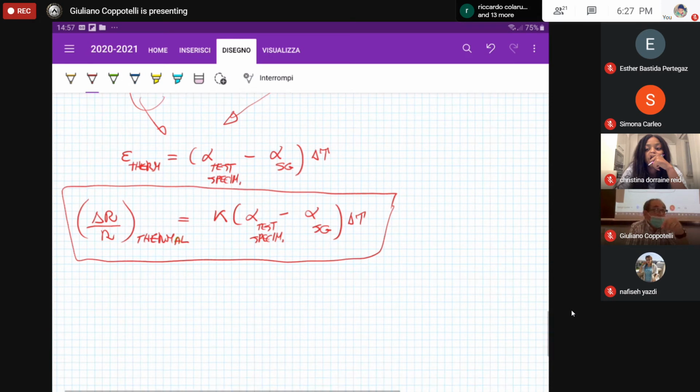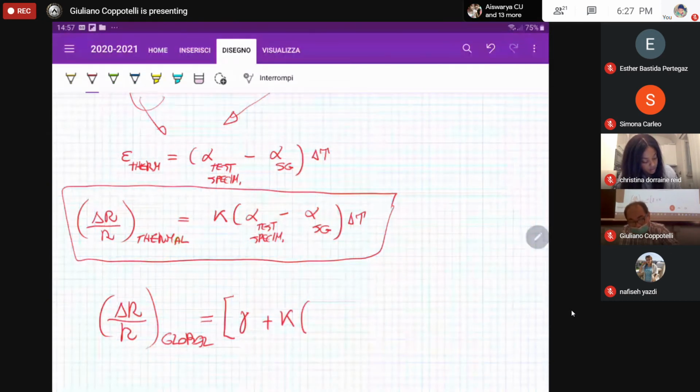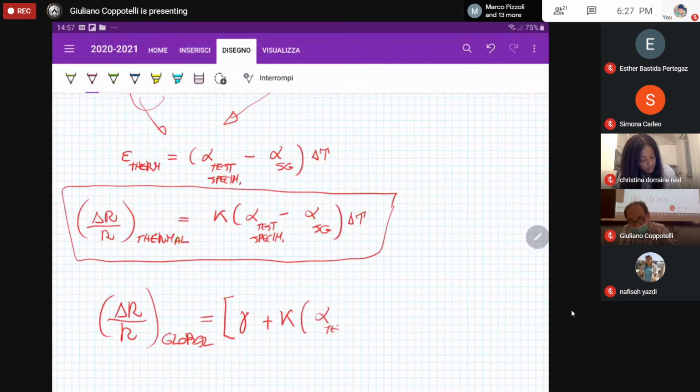So the change of resistance, let's say global, that takes into account two different sets, could be written as gamma plus K alpha test specimen negative alpha strain gauge times delta T.